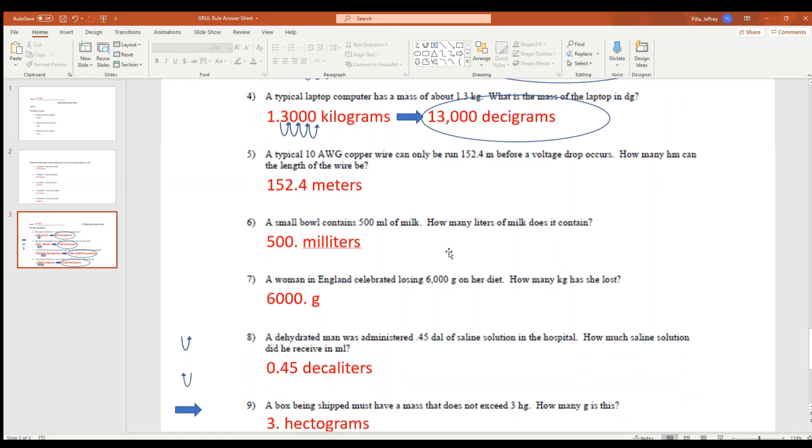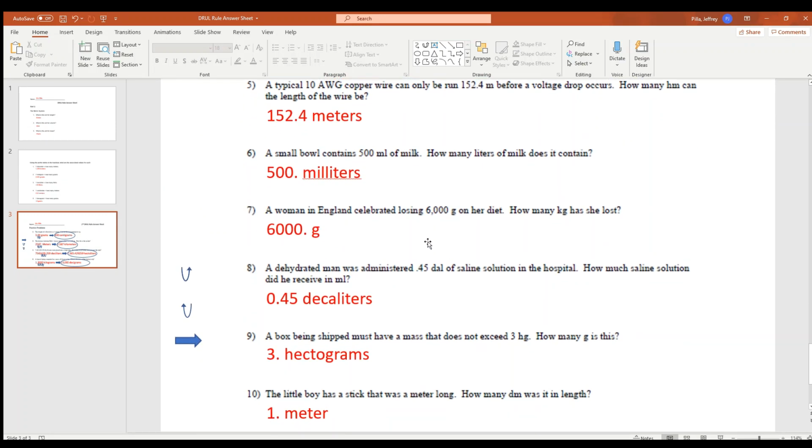Alright, so now we're moving on to number 5. Number 5 says, a typical 10 AWG copper wire can only be run 152.4 meters before a voltage drop occurs. How many hectometers can the length of the wire be? So we're converting meters to hectometers.